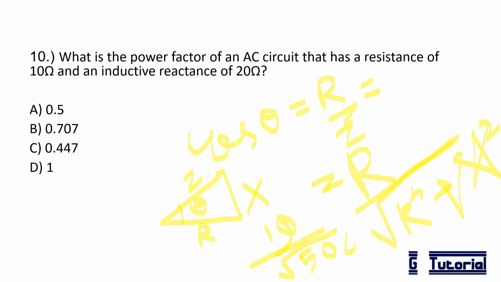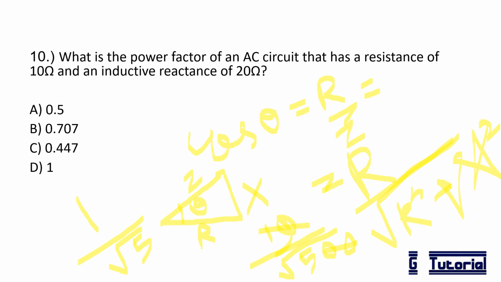Root of 500 can be expressed as root 5 into root 100. Root 100 is 10, so this 10 and this 10 get cancelled. 1 by root 5 gives the answer. So we have to evaluate what 1 by root 5 is. The value of root 5 is closer to root of 4, that is 2.